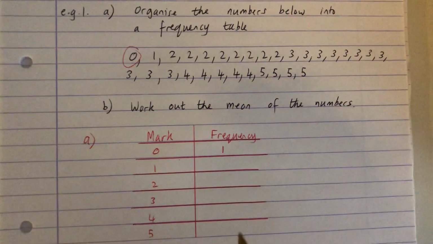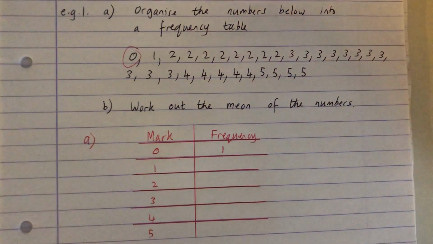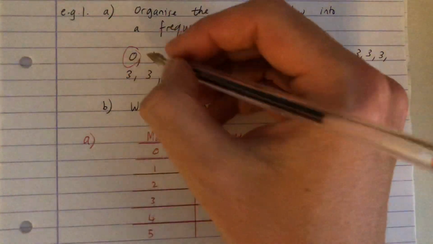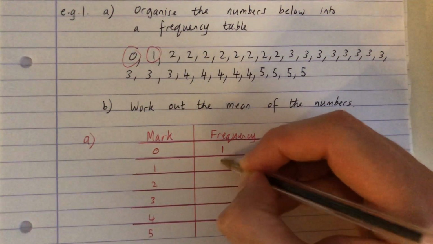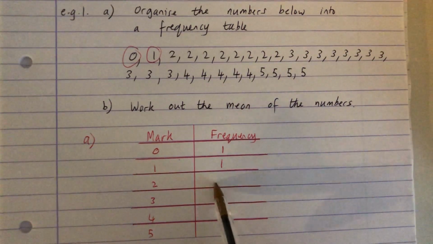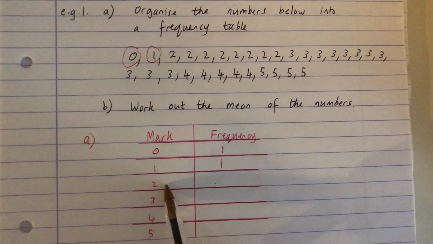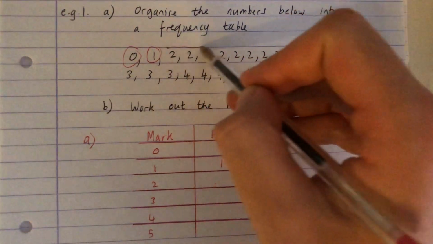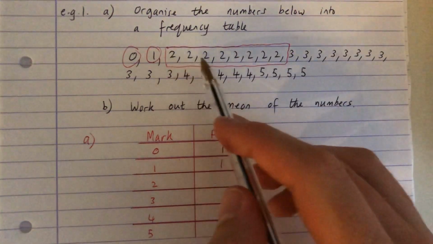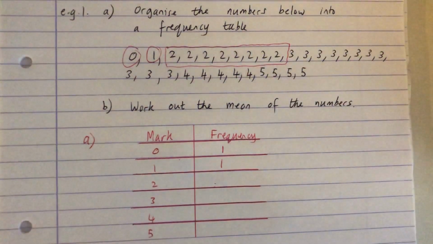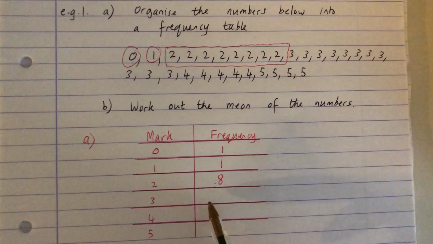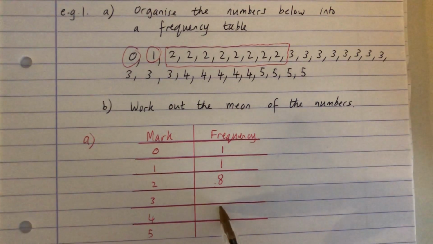The second row is how many people, the frequency of people who had 1 mark. Only 1 person had 1 mark. And then the third row is how many people had 2 marks, which would be all of these people. 1, 2, 3, 4, 5, 6, 7, 8 people had 2 marks. Next row, how many people had 3 marks?